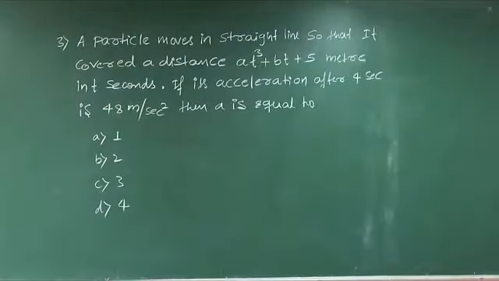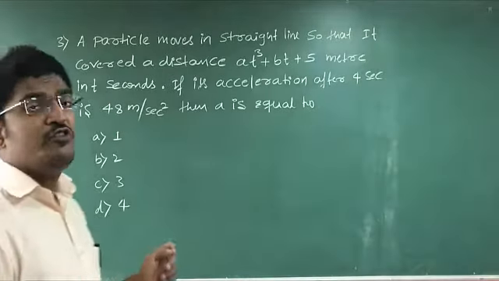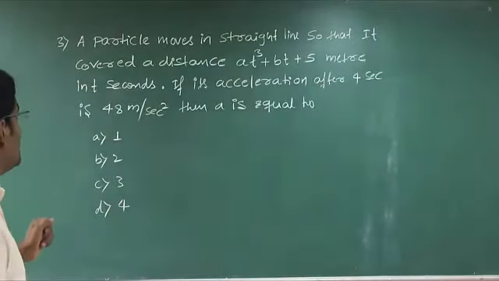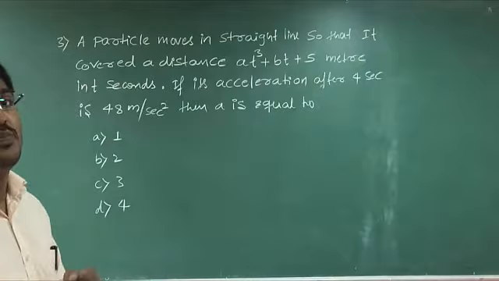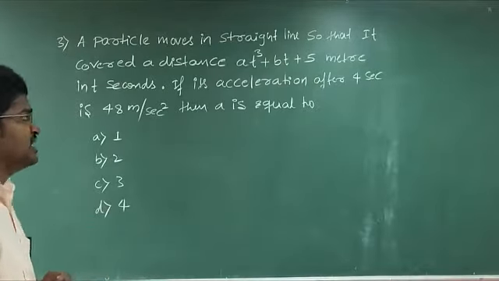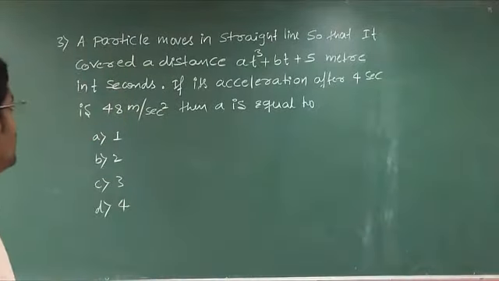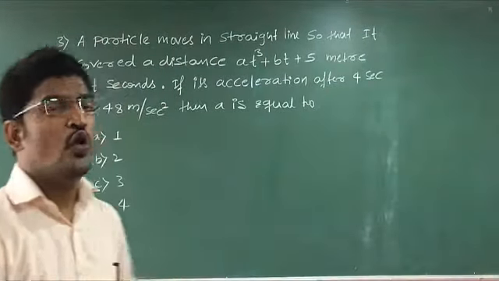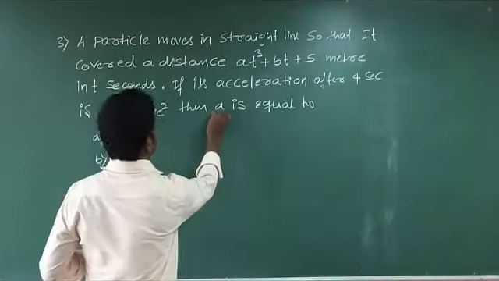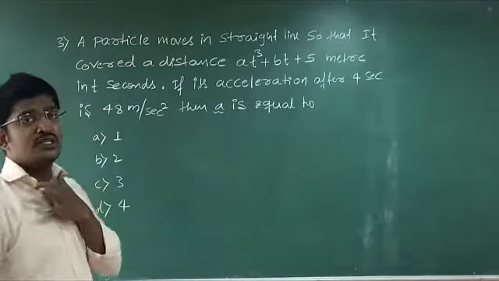No problem. Next, they are asking, if its acceleration after 4 seconds is 48 meter per second square, then A is equal to what? They are asking for this A term.